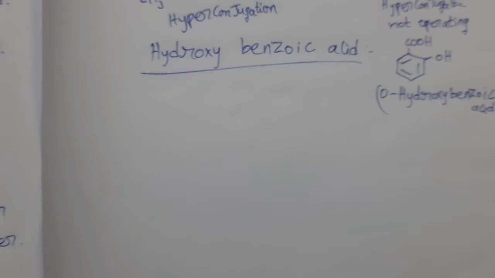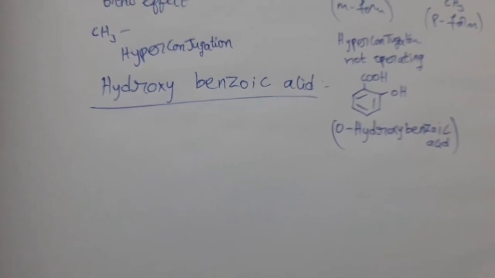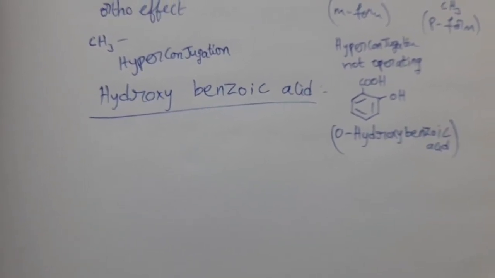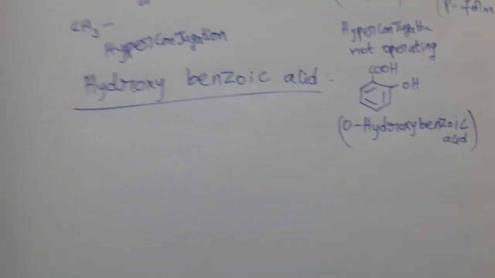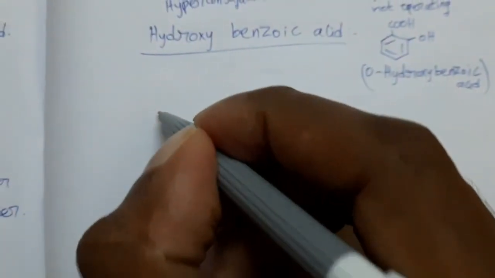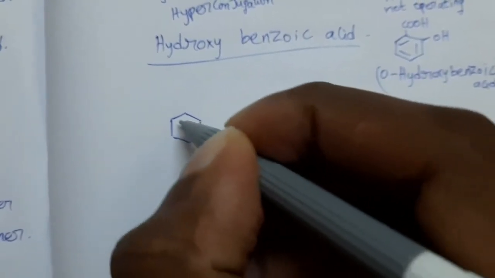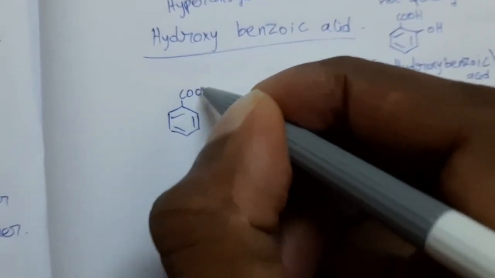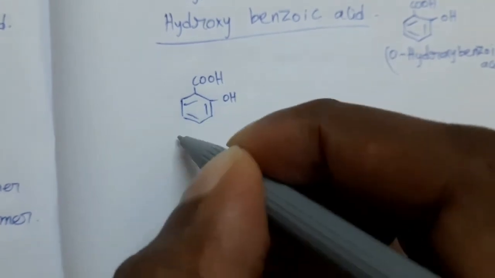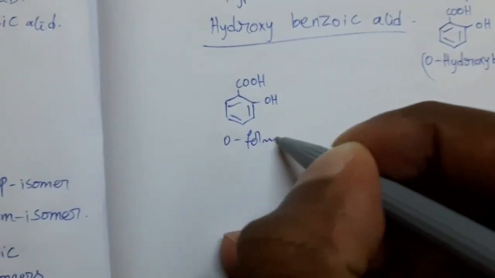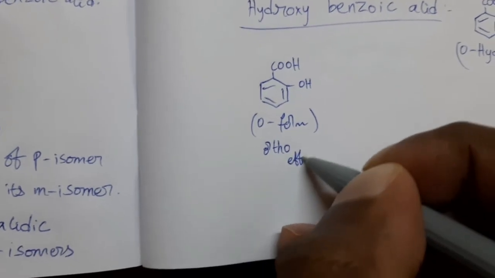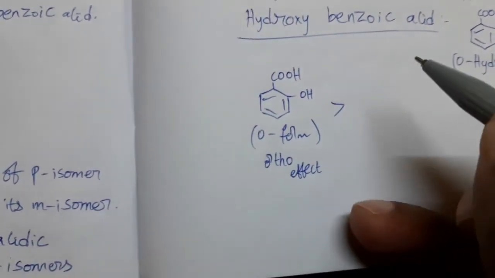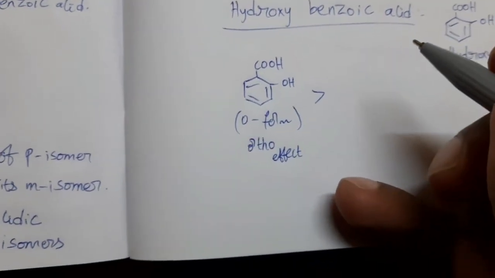Now in this case also, the ortho form has the ortho effect. That's why its acidic strength is more than the remaining two, para and meta forms. Ortho form, this one, has the ortho effect, so its acidic strength is more than the remaining two forms.